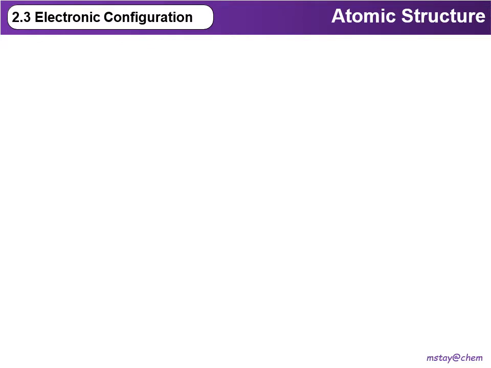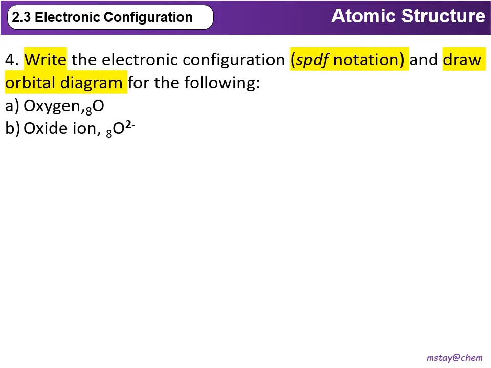Okay, after knowing the 3 rules of principle in how the electrons fill into the orbitals, let's look at what kind of question can be asked. For example, question number 4, we can be asked to write down the SPDF notation or draw the orbital diagram. Okay, so first we look at oxygen, given the proton number is 8.